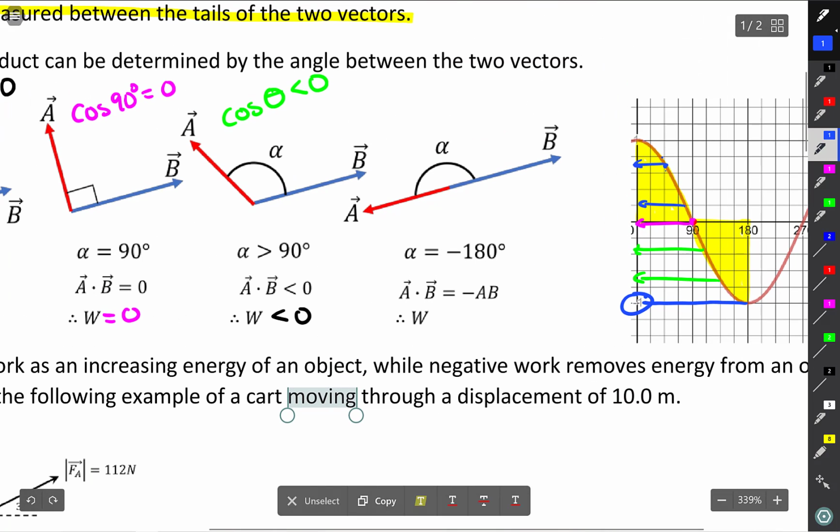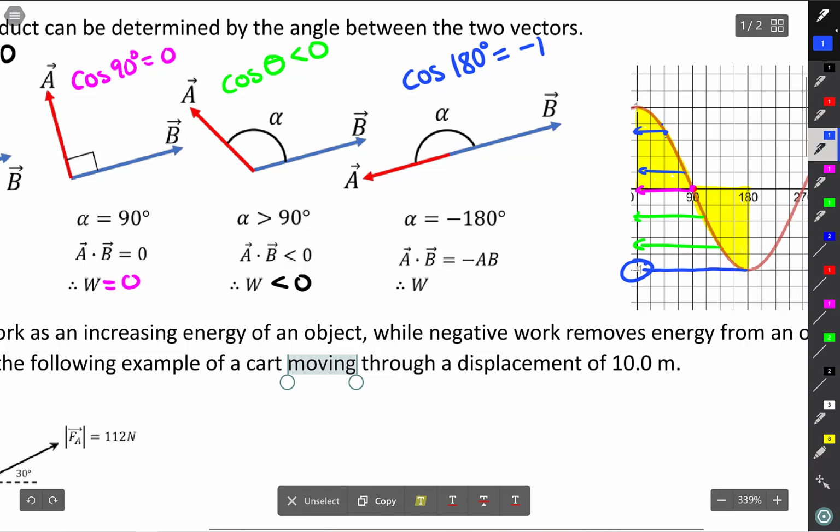So if the angle between them is 180 degrees, you get an answer of -1. So that means that the dot product will come out to just the magnitudes of the vectors, but they will be a negative maximum. So work is a negative maximum.